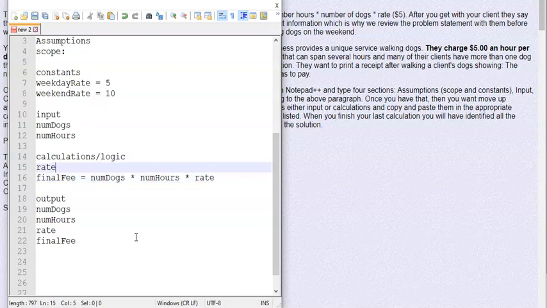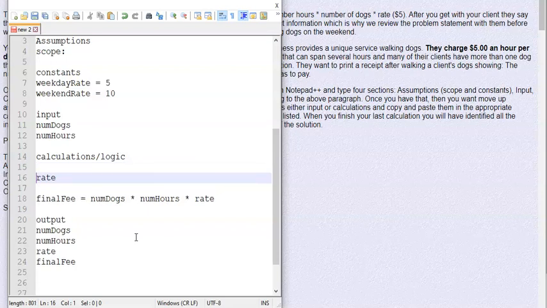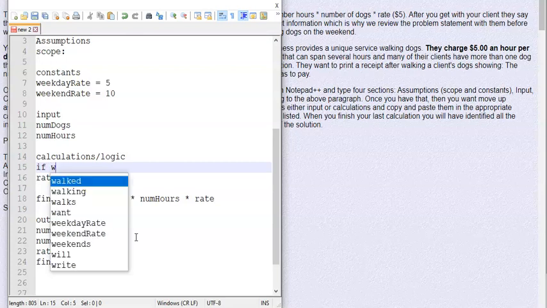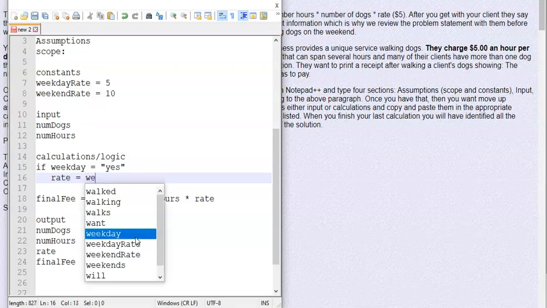The problem is on this one, the rate changes. So the rate is dependent upon whether it's a weekday or weekend. So I'm going to use some logic on that and say, well, if weekday equals yes, meaning that it's a weekday, then we know that the rate is going to be equal to the weekday rate.